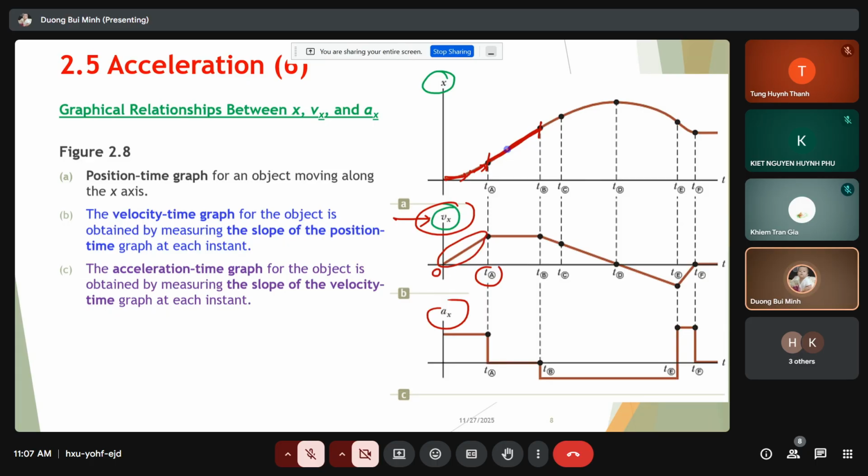And from here to here, x is linear, so Vx is constant. And this one is non-linear like this. So Vx reduces gradually, and when we get here, Vx is 0 because this is the peak of the position curve.